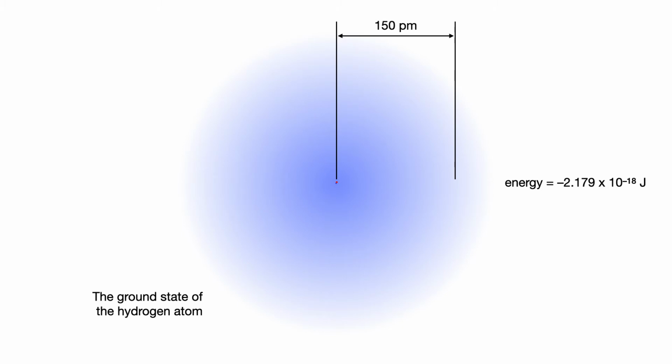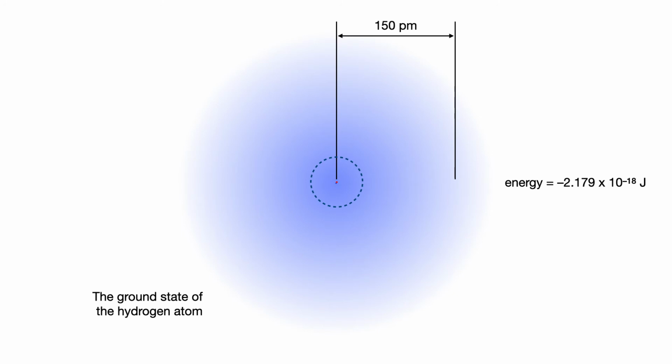And in case you're wondering, the first orbit, the ground state orbit in the Bohr model, would be right around here. And so the size of the electron wave is comparable to the size of the electron orbits in the model that Niels Bohr proposed for hydrogen.